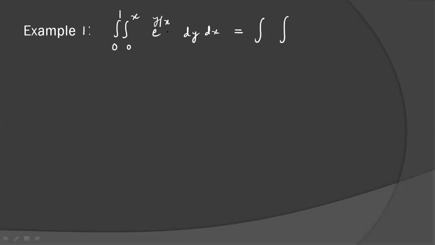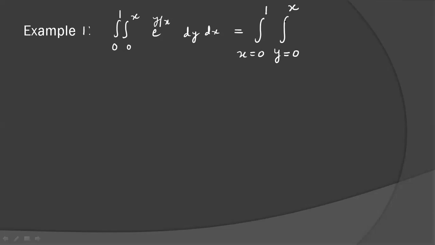Always remember, this limit is given in the variable x, so it will always be the limit of y. The y limit will be in the form of x if the x variable is present. If the y variable is present in the limit, that means that will be the limit of x. I have discussed this in case 1 and case 2.